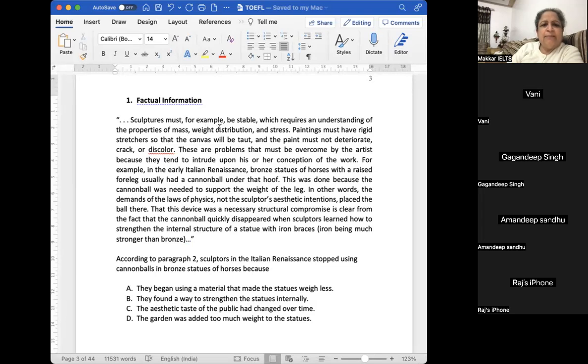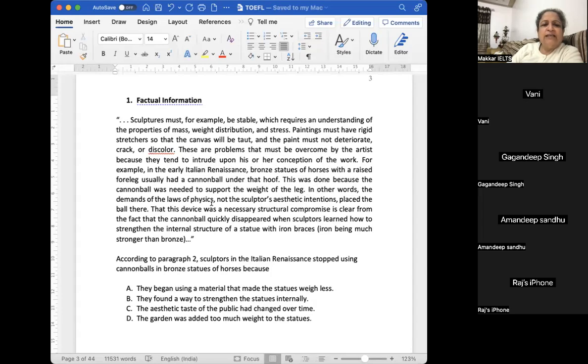Sculptures must, for example, be stable, which requires an understanding of the properties of mass, weight distribution, and stress. Paintings must have rigid stretchers so that the canvas will be taut, and the paint must not deteriorate, crack, or discolor. These are problems that must be overcome by the artist because they tend to intrude upon his or her conception of the work. For example, in the early Italian Renaissance, bronze statues of horses with a raised foreleg usually had a cannonball under that hoof.